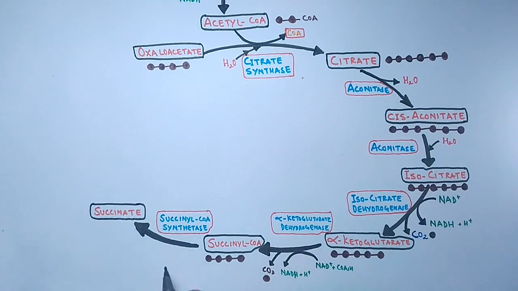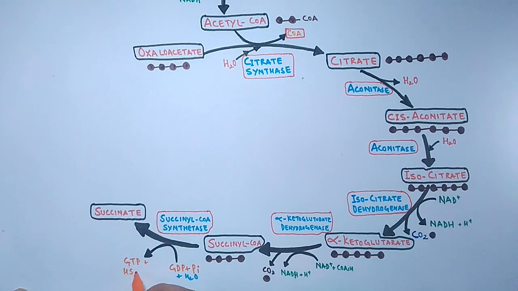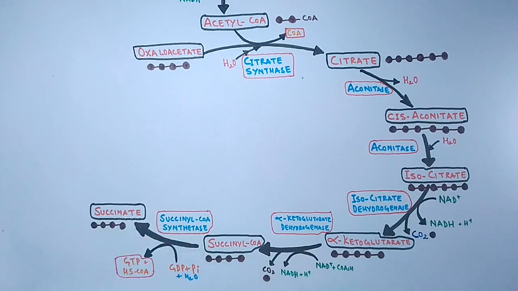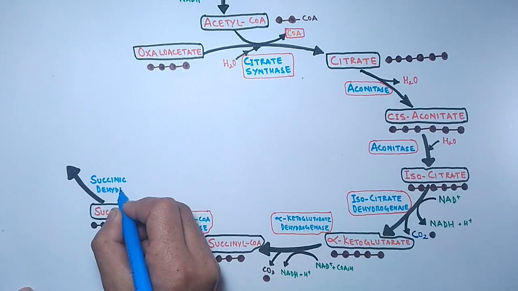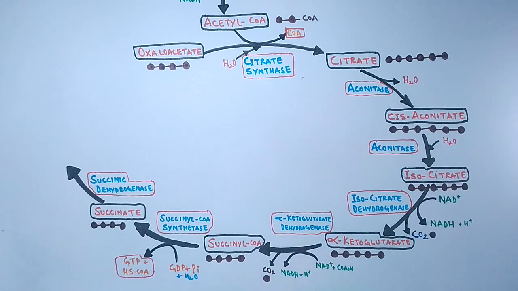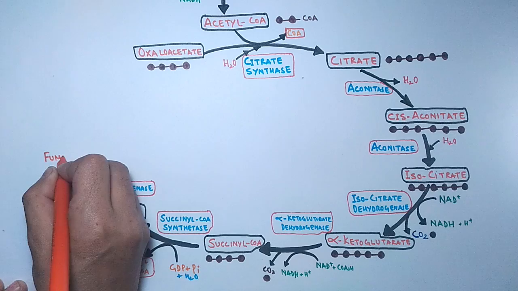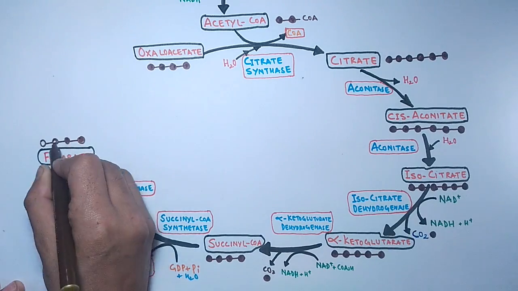In this reaction there is addition of GDP plus inorganic phosphate, which yields GTP, and also coenzyme A is lost from the succinyl-CoA. After that, succinate dehydrogenase catalyzes the succinate, and in this reaction FAD is reduced to the molecule of FADH2. And also from this reaction we get fumarate, which is a 4 carbon compound.